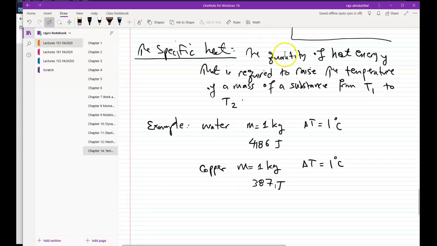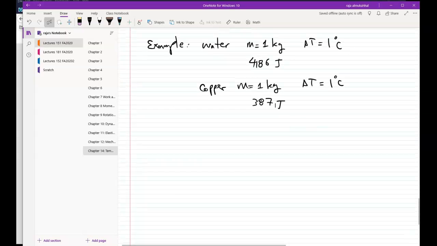That's how specific heat is defined. It is the quantity of heat or energy that is required to raise the temperature of a mass of a substance from T1 to T2. Okay, in our example here, by 1 degree, for example. So in other words, let me just write one more sentence here.